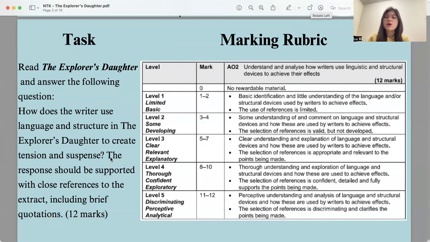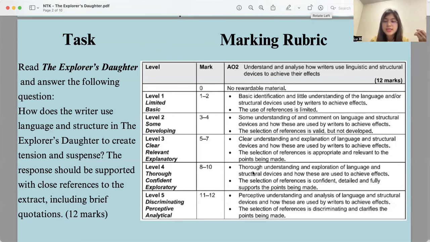And also, the response you provide should be supported with close references to the extract, including brief quotations and citations from the article. I'm also putting the marking rubric here so that you have a brief understanding of the different spectrums of the grade you will get based on your answer. So let's take a look at, for example, level 4.